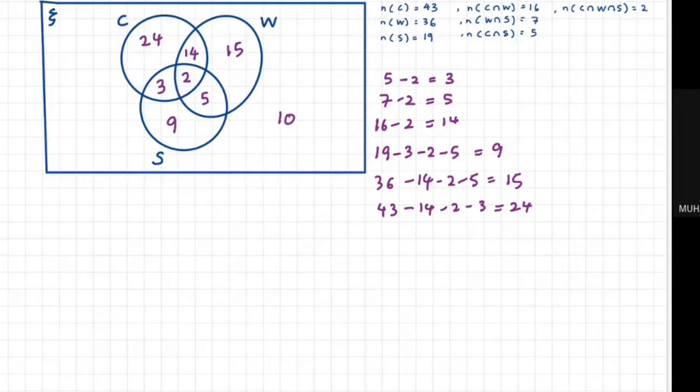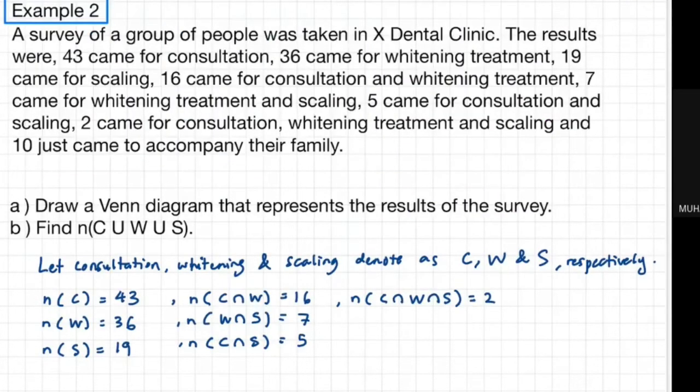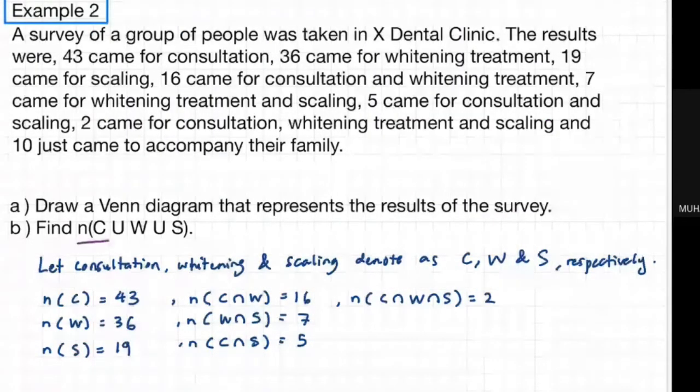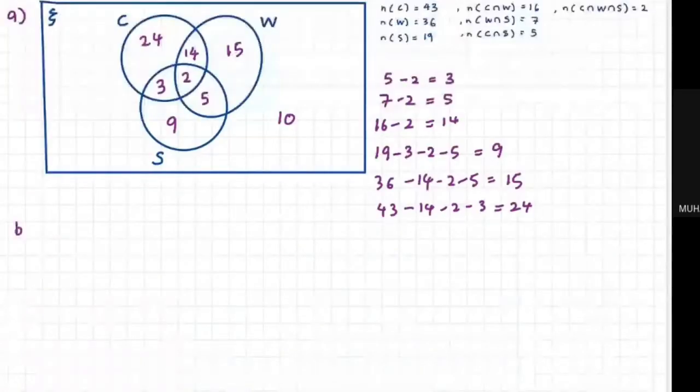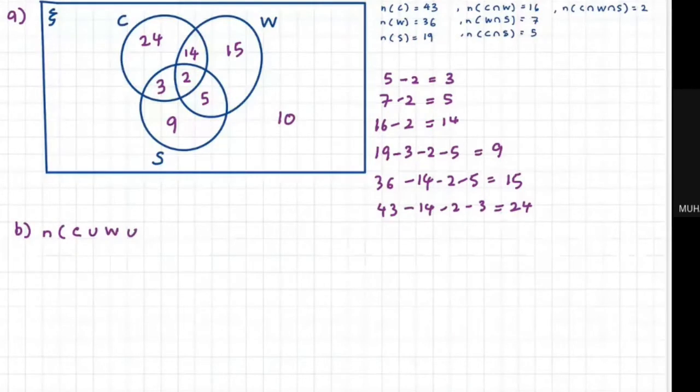With question number 2, find the number of elements in C union W union S. Okay, to find this, the first way is just to sum up all these elements.